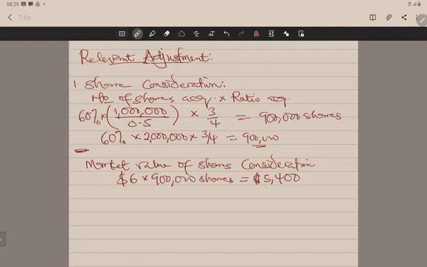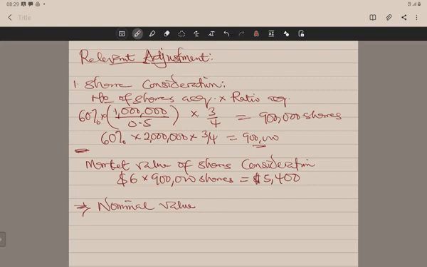Since this is the market value, then what is the nominal value? We need the nominal value in order to get the share premium. That's the essence. Otherwise, we would have just stuck to this. And what is your nominal value?